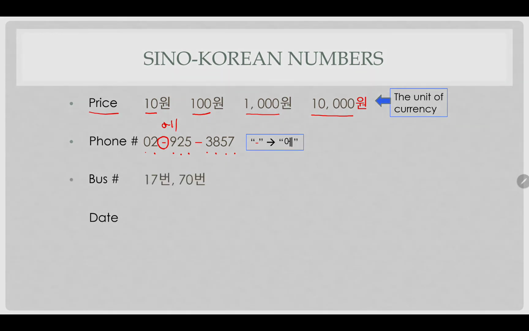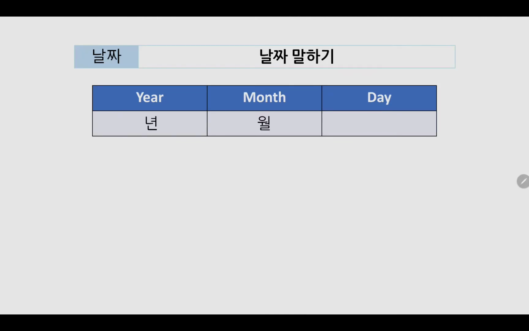For bus numbers, you would say 17번. For this one, 70번. And for dates, you would say 2월 14일. For this, 12월 25일, which is Christmas, December 25th. Okay. So now we can express the dates.